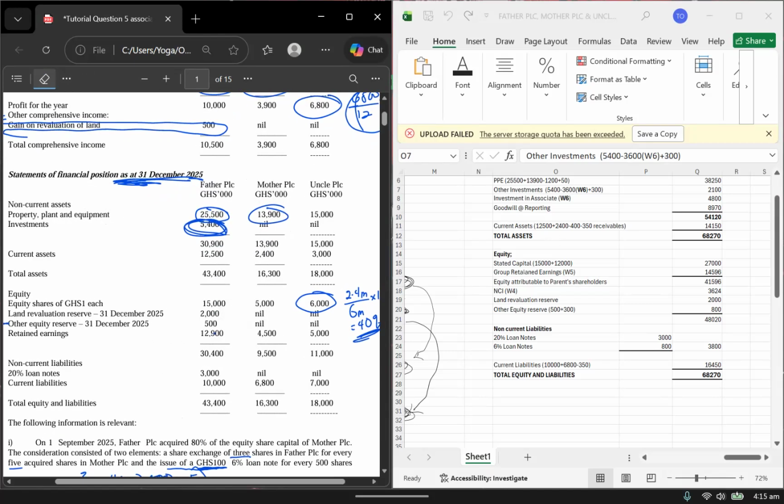Let me zoom it. So this and then this. Okay. So 12,500. You subtract that. You add both the parent's own and then Mother PLC's own.